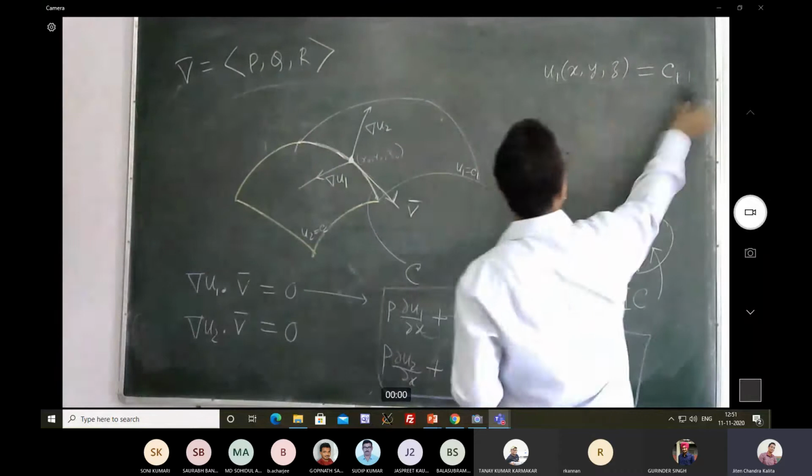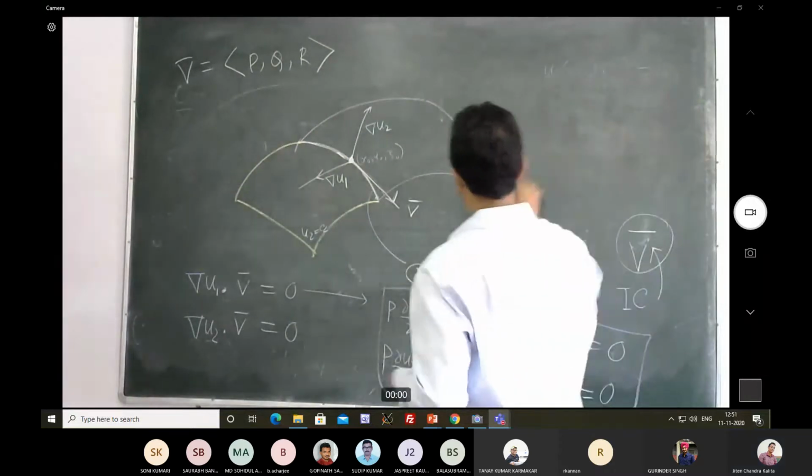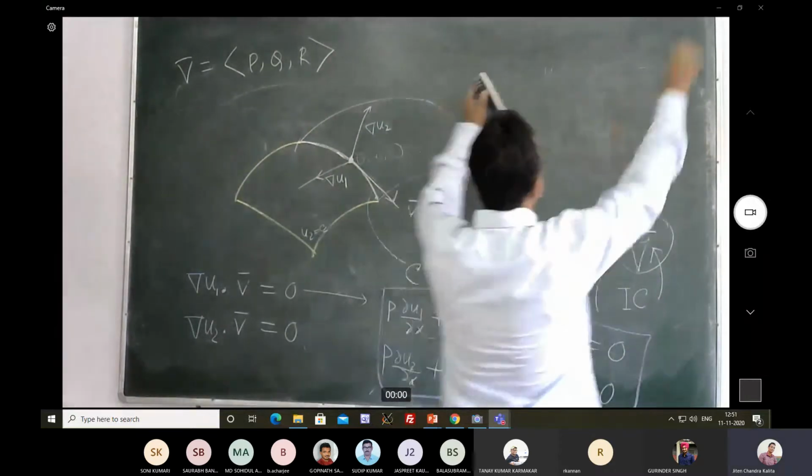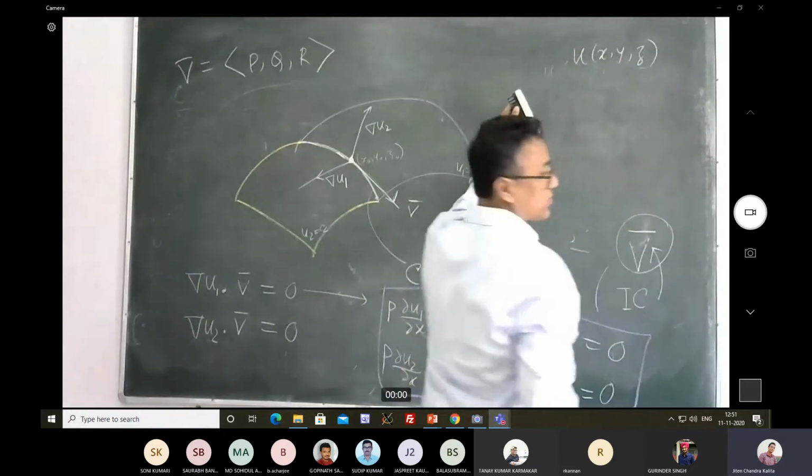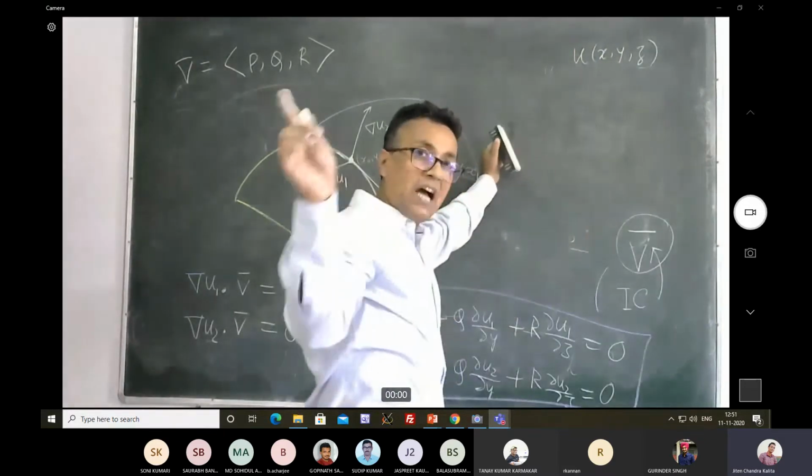As before, we are going to consider a function u(x, y, z) in some region omega in R3.